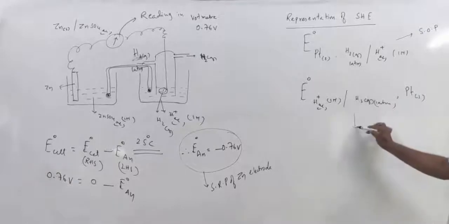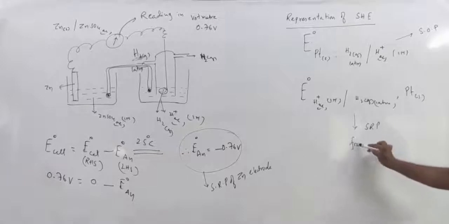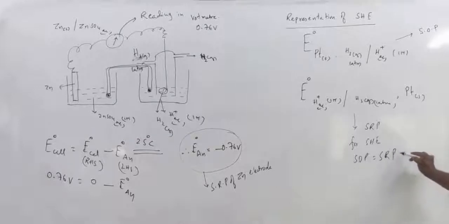Therefore, it represents the SRP. So already you know, for SHE, SOP and SRP are the same and 0 volts. Clear? Representation of standard hydrogen electrode.